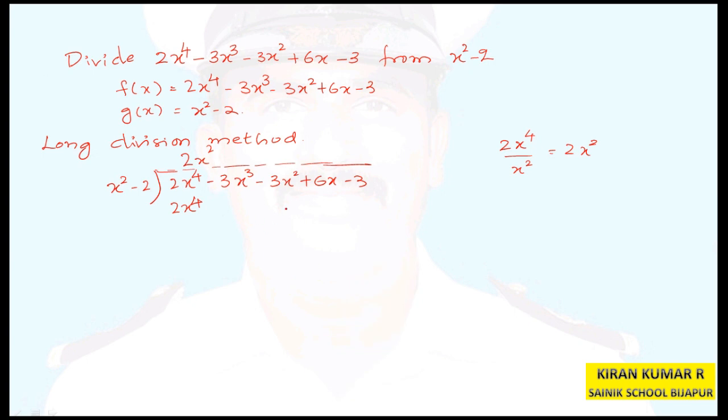Better I'll write square term below the square term. So I'll write minus 4 times x square below minus 3x square.